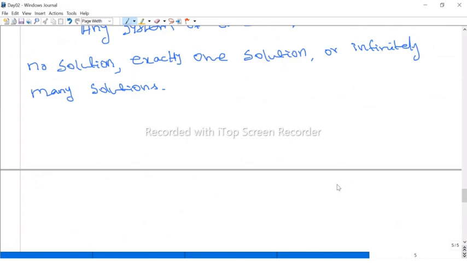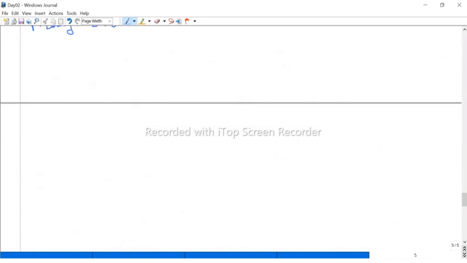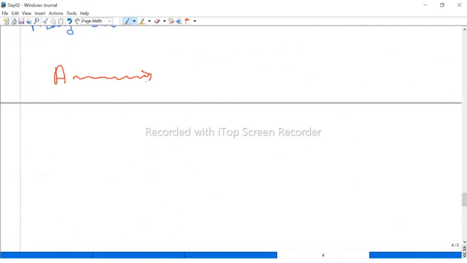So a better definition: suppose A is a given matrix. We do some elementary row operations and get a matrix that is the row reduced echelon matrix. Any matrix we can reduce by elementary row operations into row reduced echelon form, right?